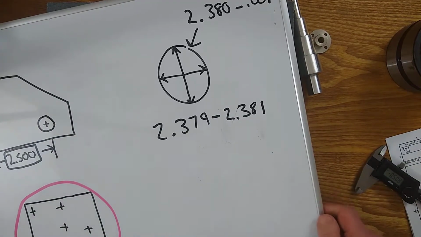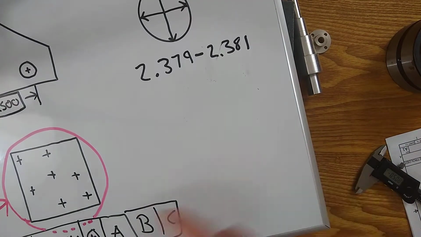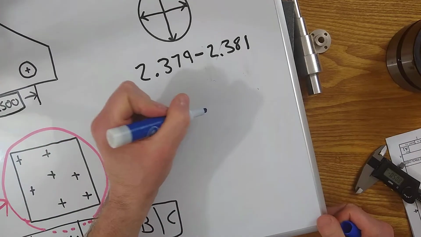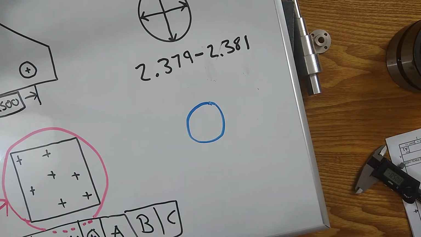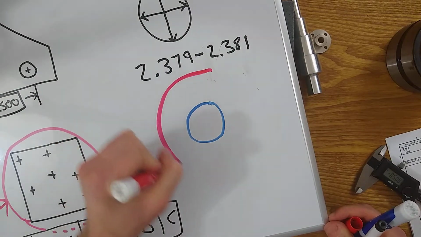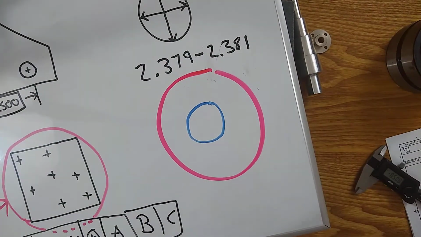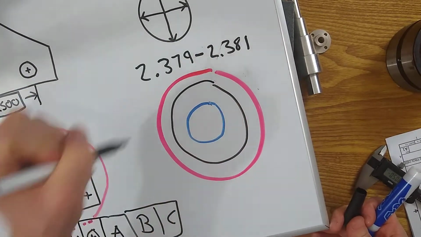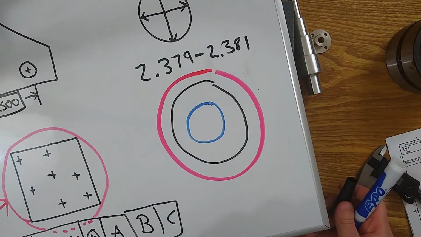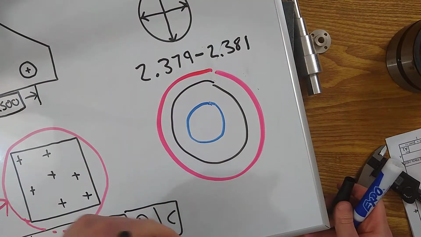So in your head, what you end up having is a tolerance zone that's low and a tolerance zone that's high, and every point you measure, if this black circle represents the part, needs to be in between those.